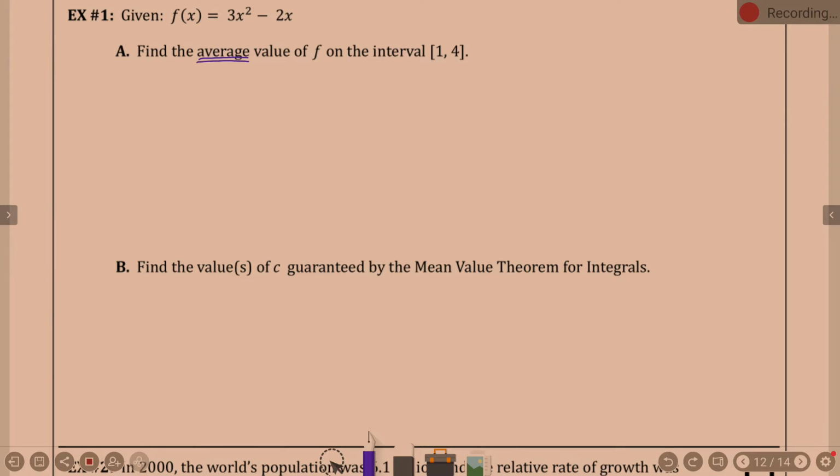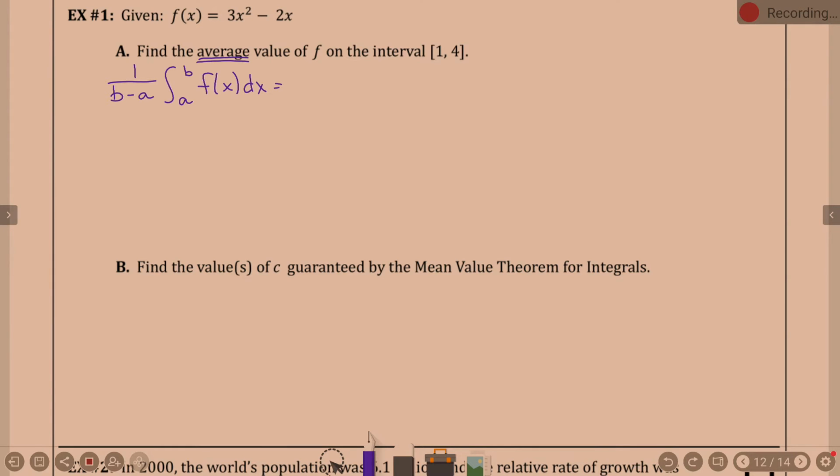In order to do the average value, basically you're doing the integral from 1 to 4, but what do we have to put out front? It's 1 over b minus a. So it's 1 over b minus a times the integral from a to b of f of x dx.